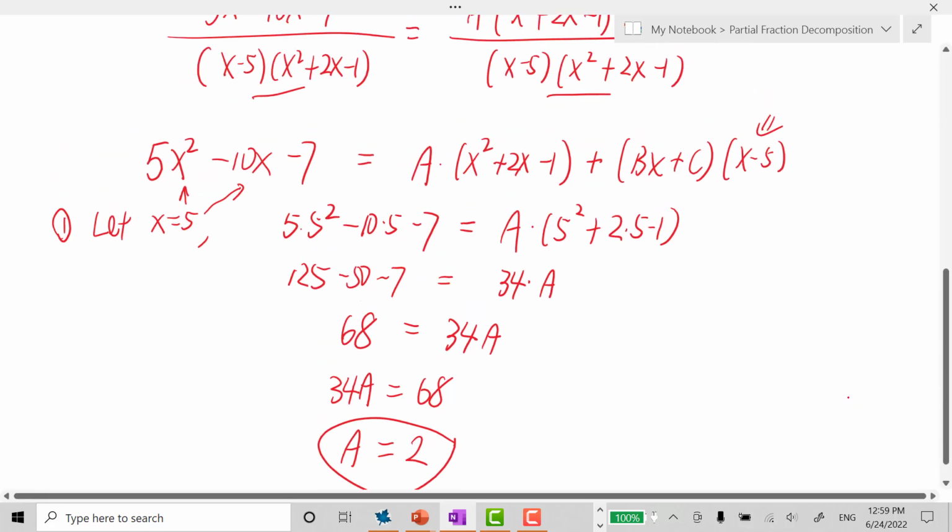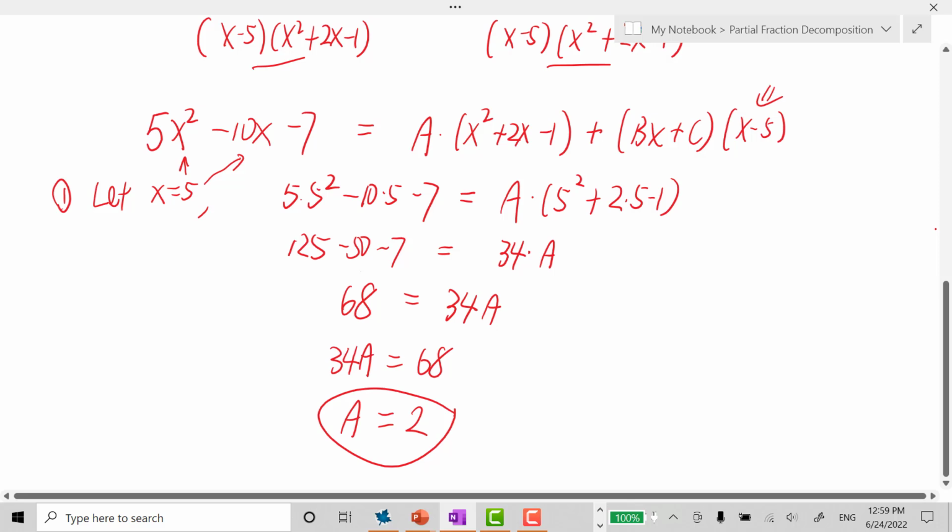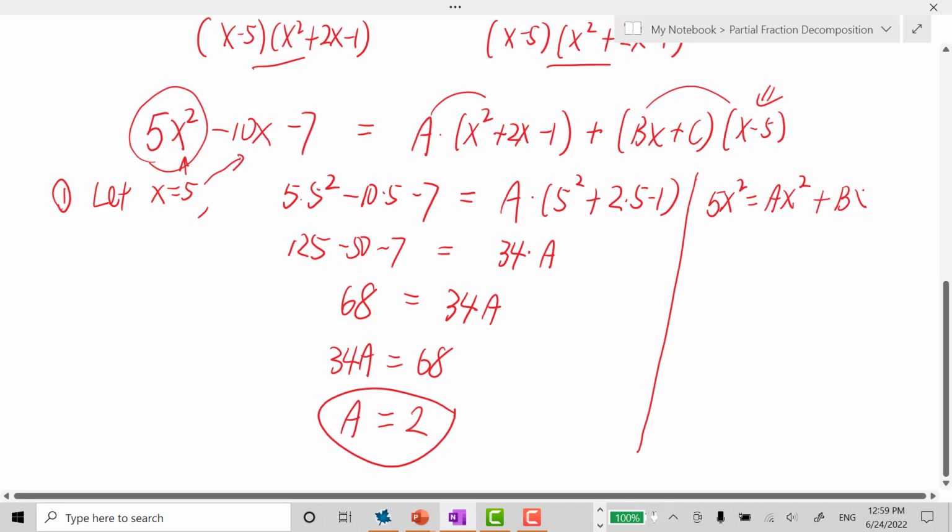Now, since we know a, let's figure out what b is. If you look at the quadratic term, 5x squared, on the right-hand side there are only two square terms. So 5x squared on the left must be equal to ax squared plus bx squared.